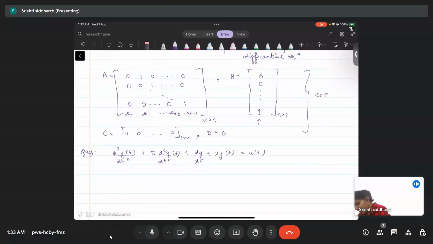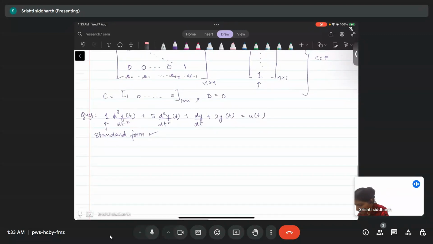So just check first that this is in the standard form. So the question is, give the CCF form of the above equation.